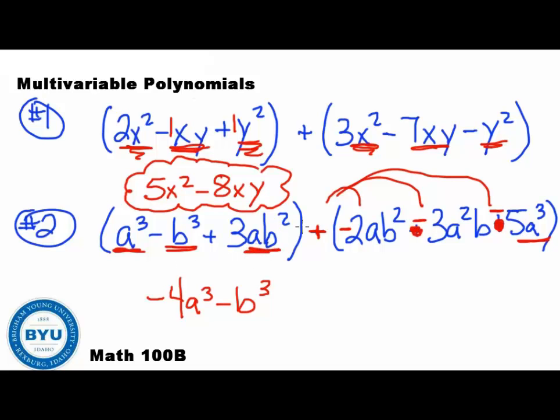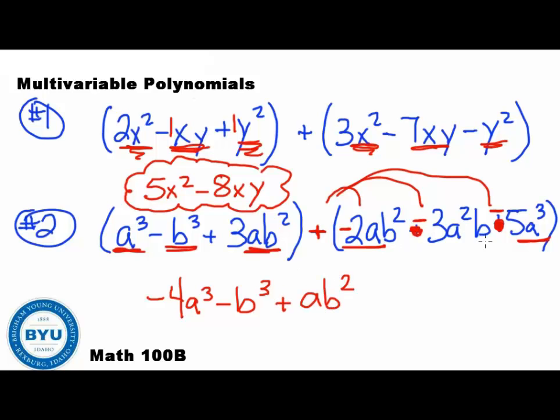I'm looking for ab squareds. Here's an ab squared. Ooh, this is an a squared b. Now, be careful. Those are not like terms. They're not identical. They got to wear the same hats for you to be able to combine like terms. So I'm only combining these here because they're ab squareds. I had 3 minus 2. That's plus 1 ab squared.